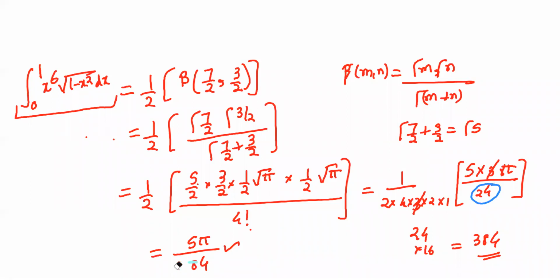Understood? All are correct, but instead of 2 raised to 4, I have written 24. So 2 raised to 4 is 2 into 2 into 2 into 2. So 5 pi and 2 into 4 into 2.